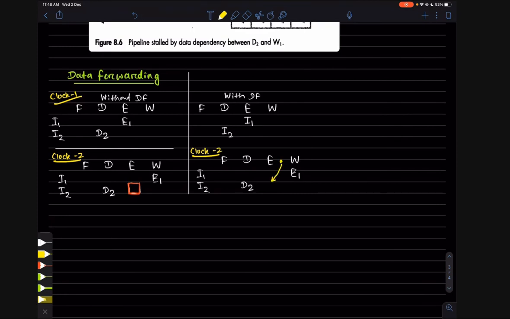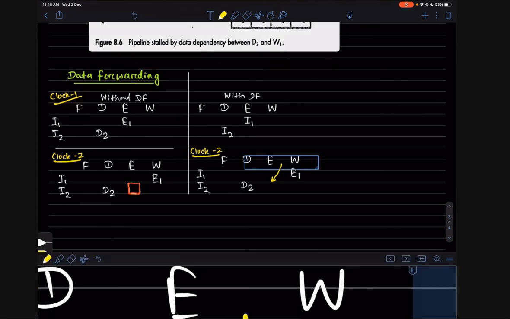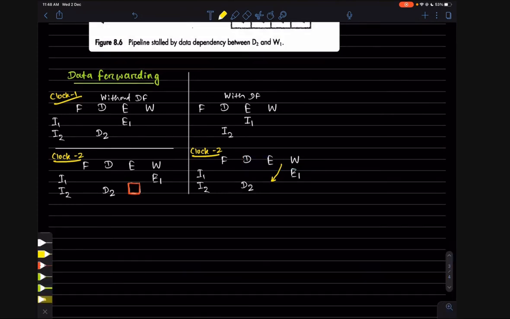Because the data is already generated after execution, but it is not yet written to the register. So you forward the data to the next instruction so that it can continue, and now we can execute the next instruction. Understood? Any doubt in this case?